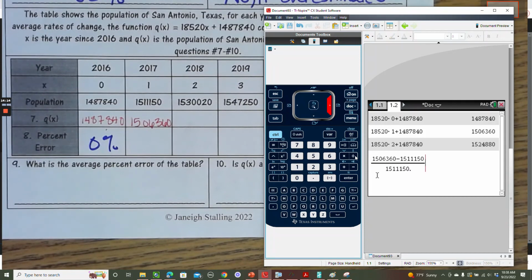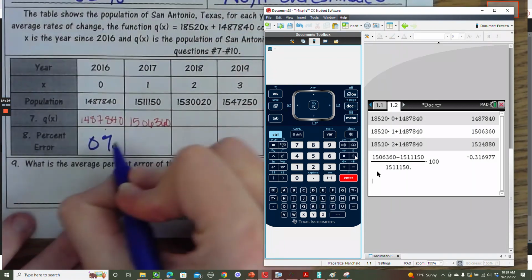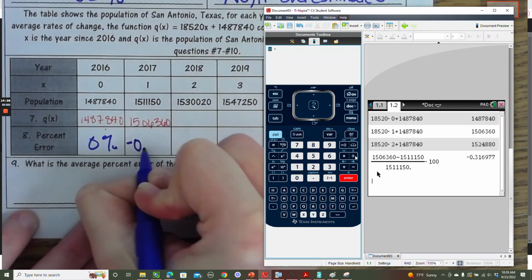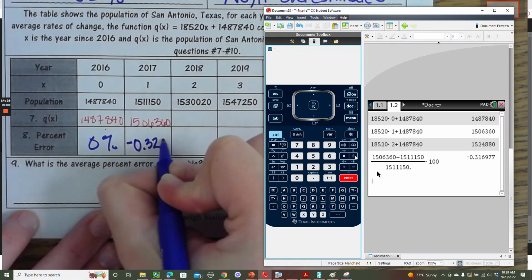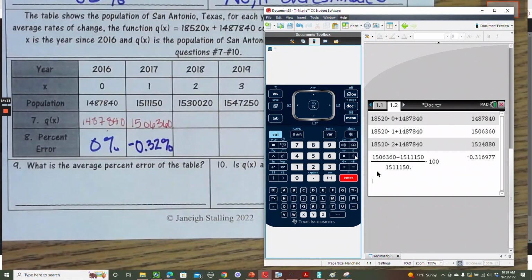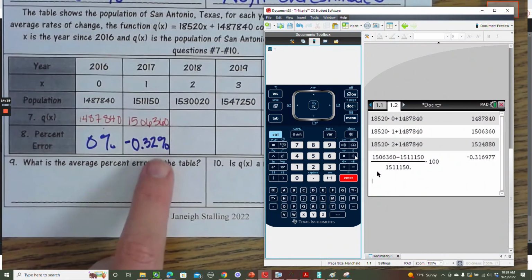Put a decimal point, times 100. All right, these percentages are going to be extremely small. So I want you to round to 2 numbers after the decimal place. So negative 0.32%. That's a good percent error. Okay? So 2 numbers after the decimal on your percent errors here.